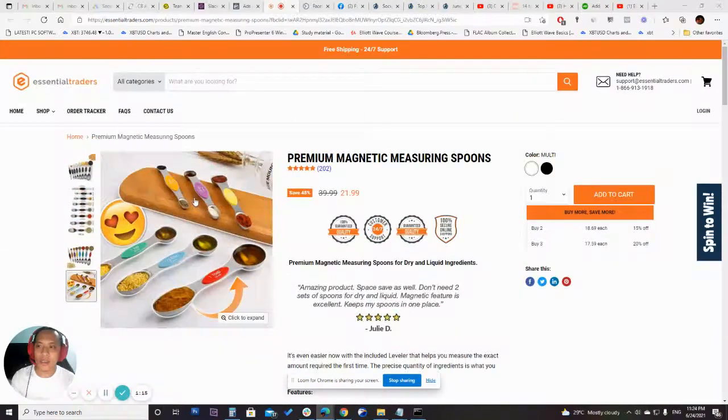As you can see, we changed the colors and the logo to look more like a branded Shopify store and not just a simple e-commerce item. So that's the first thing that we did.